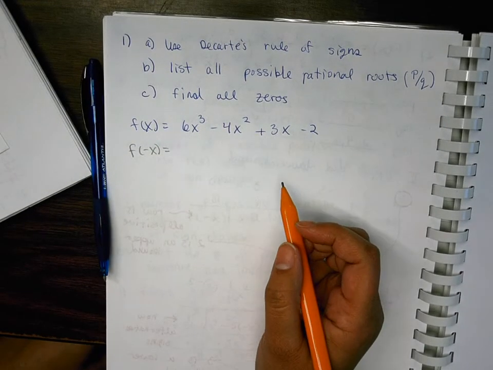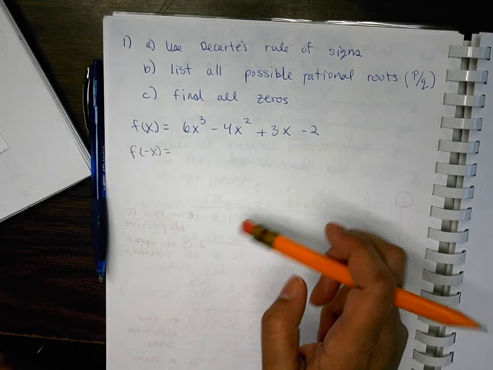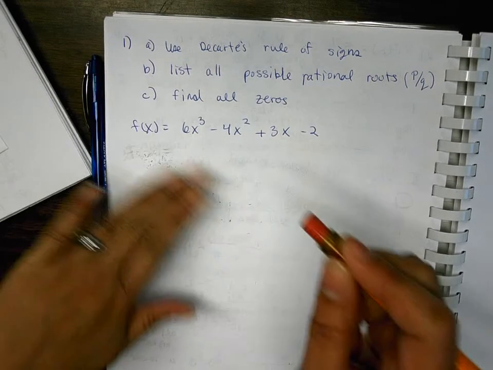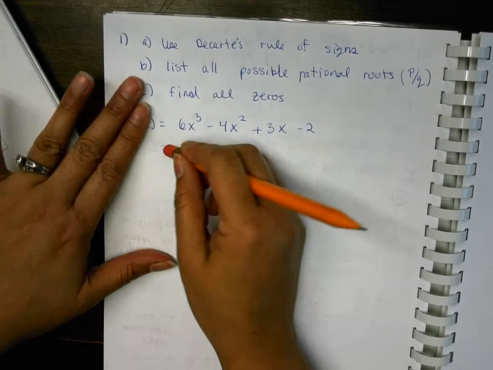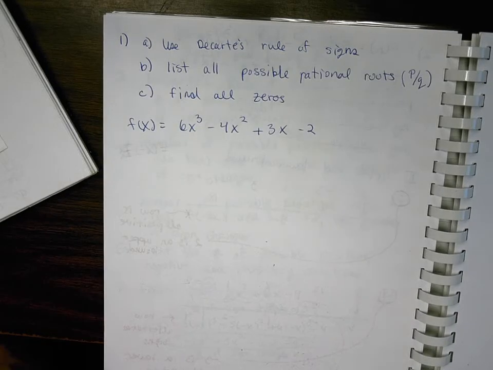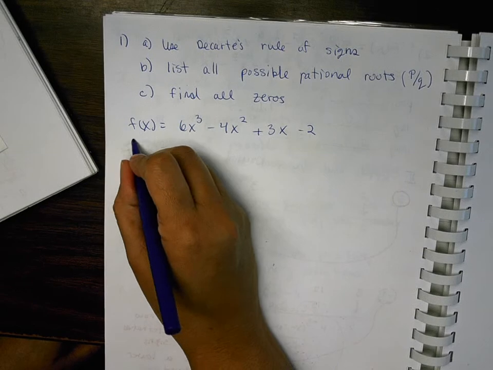Underneath it, I'm going to write f of negative x. And I'm going to have you guys do that really quick, plug it in your head and just evaluate and see what it comes out to be.